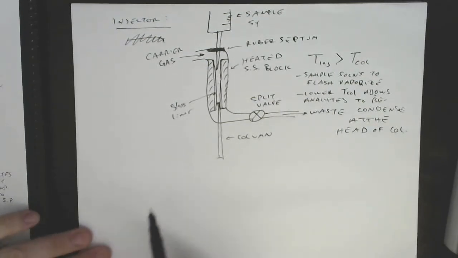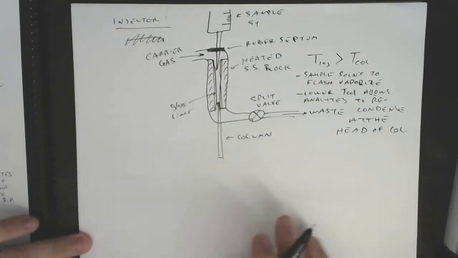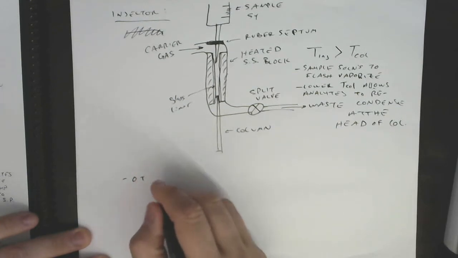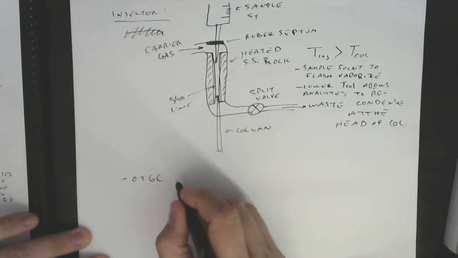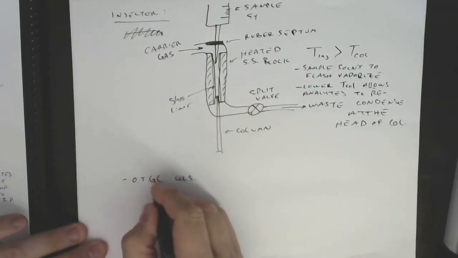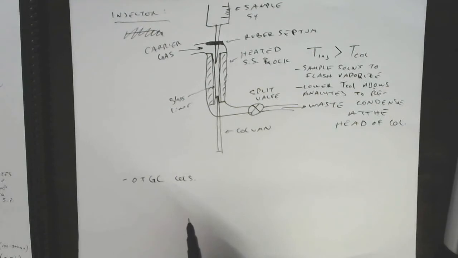Okay, so let's talk about this split versus splitless thing and why we do it. So here's the challenge. We've talked a lot about open tubular GC columns and all the benefits of working open tubular, right? You basically get rid of your A term and you get better peak efficiency when you're working open tubular.